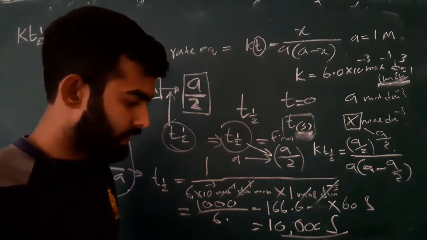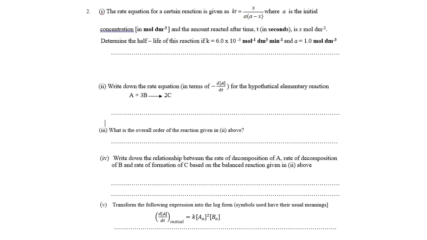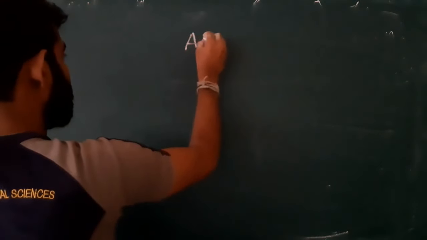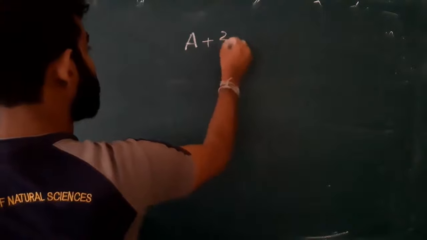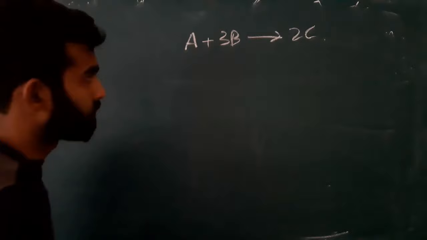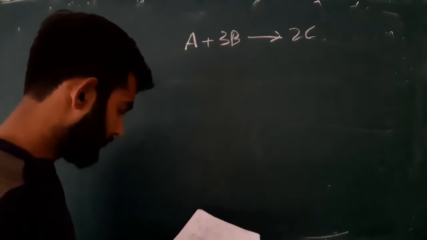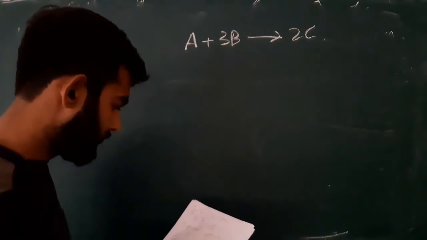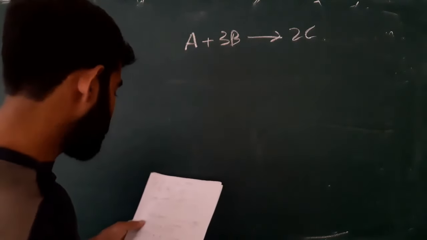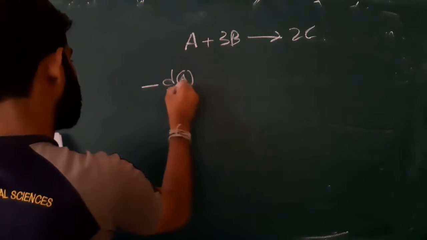Okay. In the second part of the question, they have given an elementary reaction A plus 3B gives the product 2C. In the first question they ask to write down the rate equation in terms of minus dA over dt.